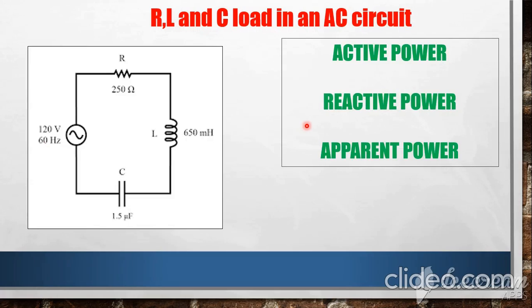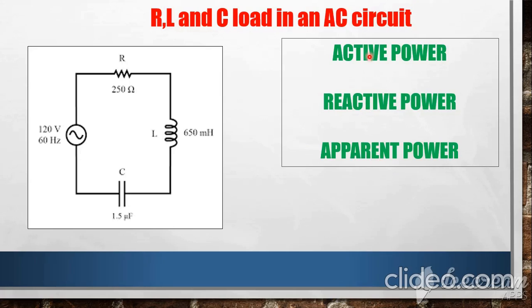Then you will be familiarizing yourself with different loads R, L, C, resistive load, inductive load and capacitive load connected in an AC circuit, and the power of the circuit will also be studied in this second module.